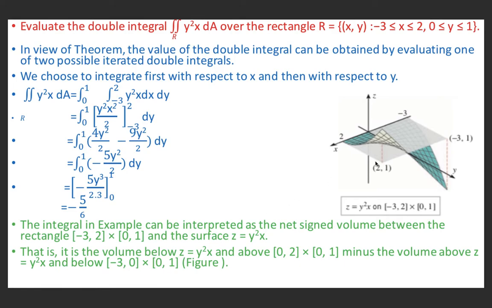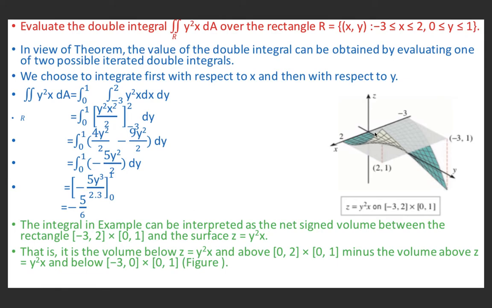This is shown here in the figure. The rectangle [0, 2] by [0, 1], this portion. And this is [minus 3, 0] by [0, 1], so this portion.